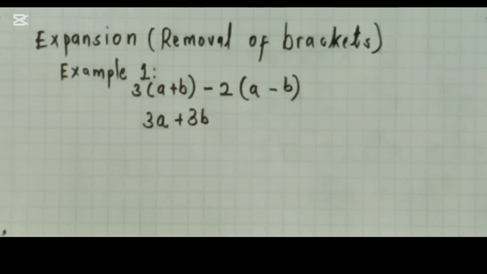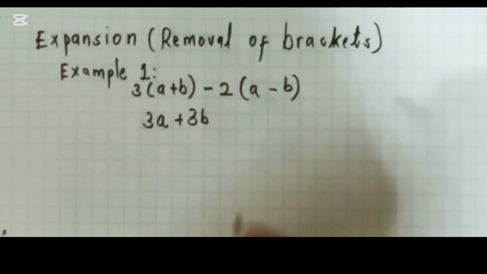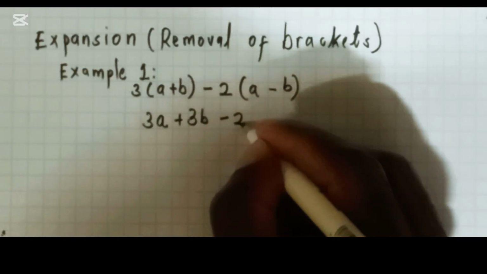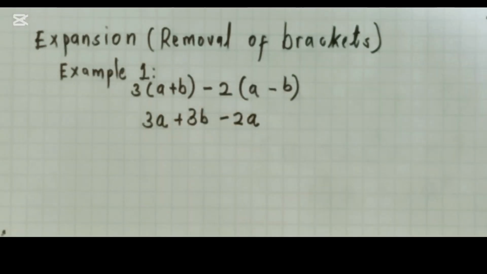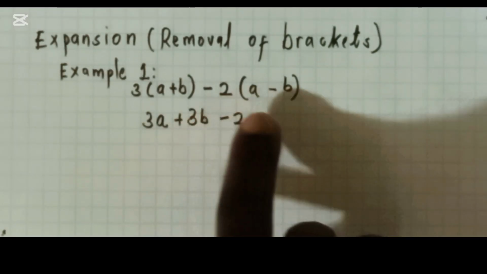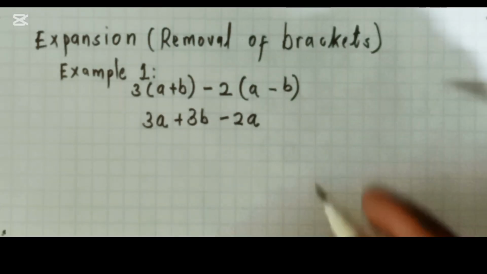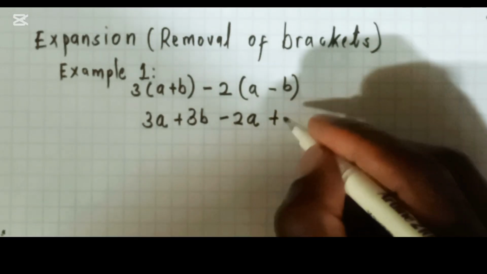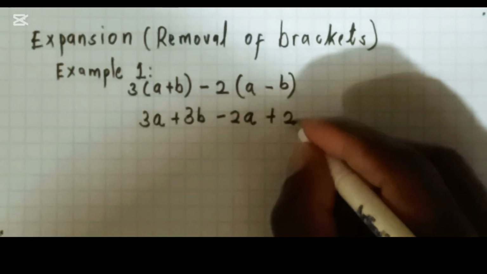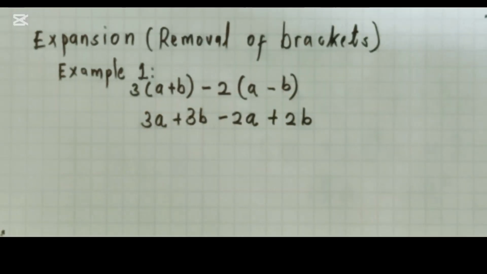A negative times a positive will give us -2a. Then -2 times -b. A negative times a negative number is going to give us a positive number. So we're going to have positive 2b. And so there it is.